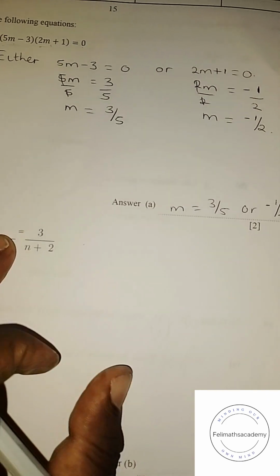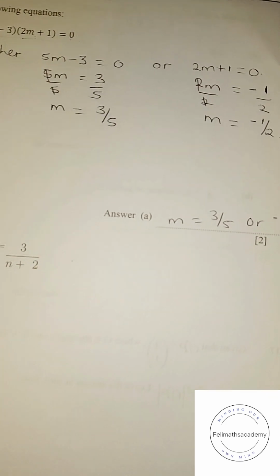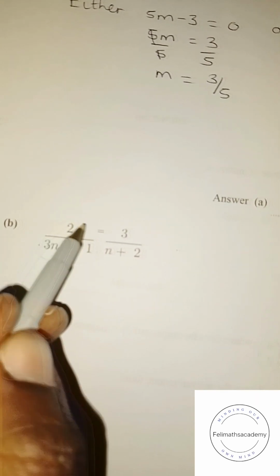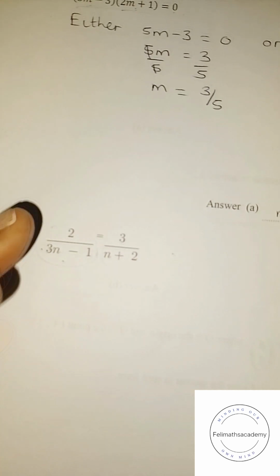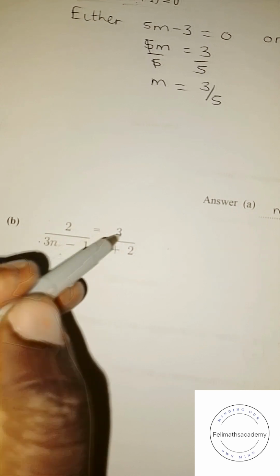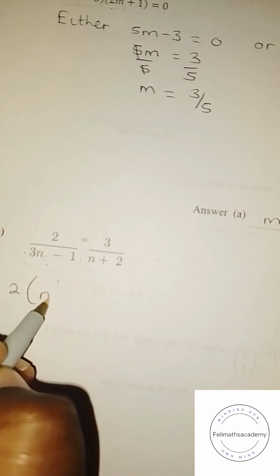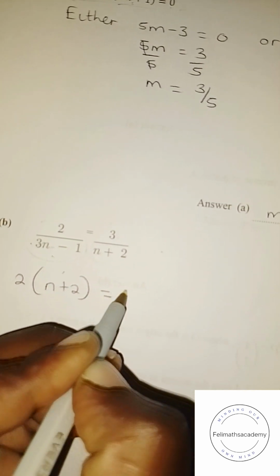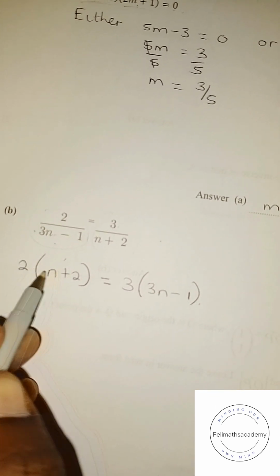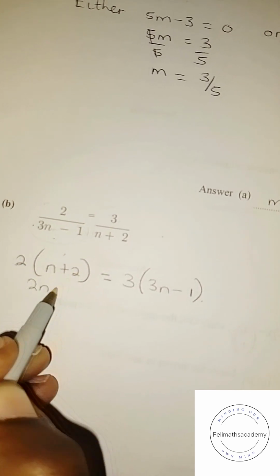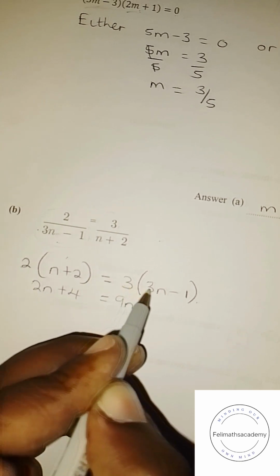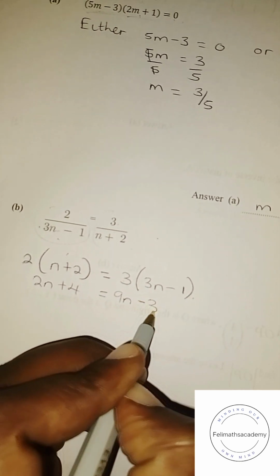Then to solve this, first we clear fractions. We have one fraction on this side and one fraction on the other, so the easier way is to cross multiply. 2 multiplies n plus 2 is equal to 3 multiplying 3n minus 1. Then we multiply: 2 by n is 2n, 2 by 2 is plus 4, is equal to 3 by 3n is 9n, 3 by negative 1 is negative 3.